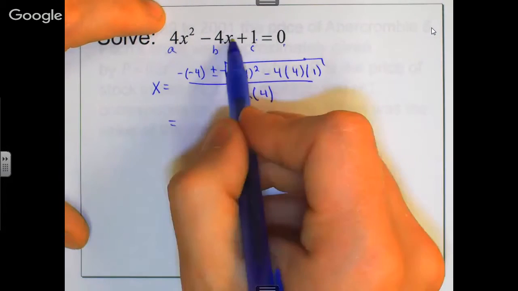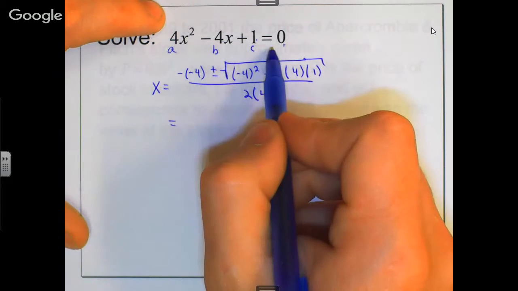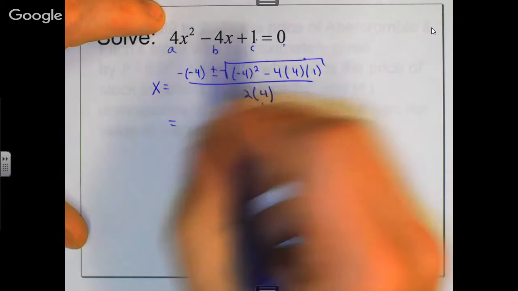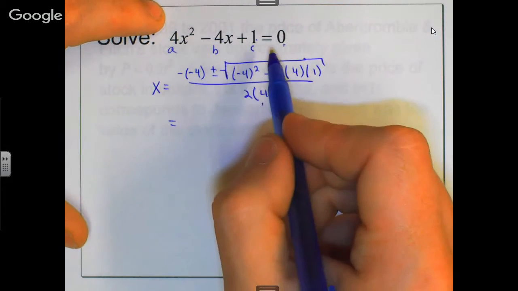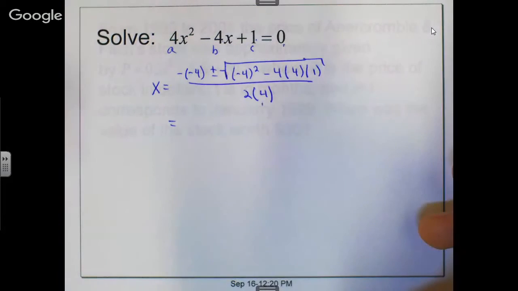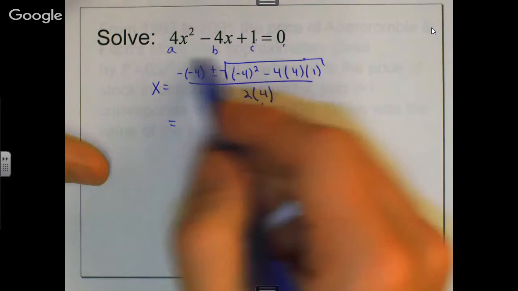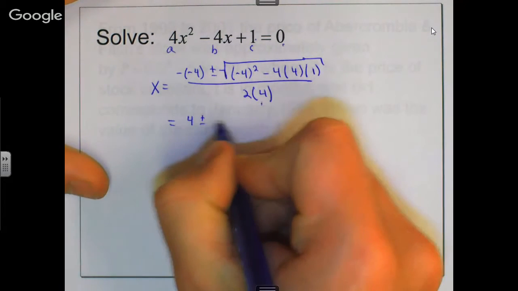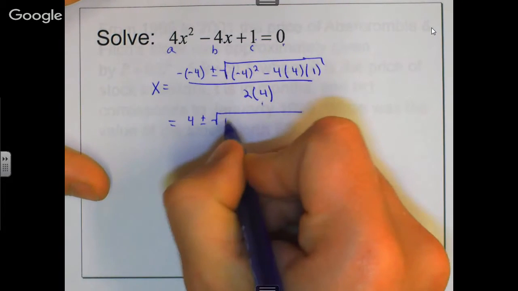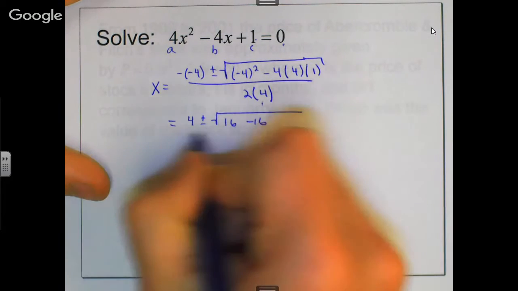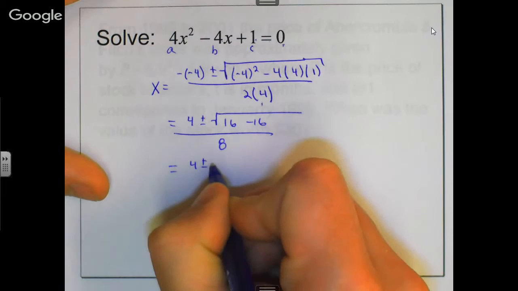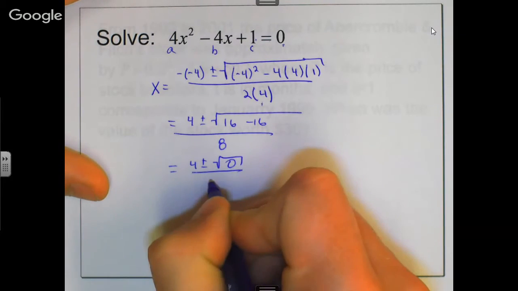Now, if these are fractions, don't let that bother you. We can either put the fractions in here, or we can get rid of them. How do we get rid of fractions? We simply multiply the entire thing by the common denominator. So we have 4 plus or minus the square root of 16 minus 16 over 8. So that's 4 plus or minus the square root of 0 over 8.